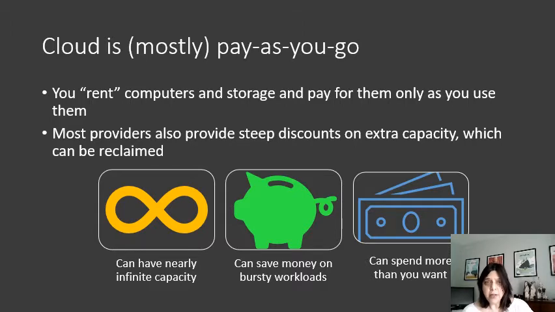But in general, the idea is that you rent, in quotes, computers and storage, and you pay for only what you use. So as you're using the computer and it's on, you pay for it. When you turn it off, you don't. Storage, you pay for only that amount of data that you store.